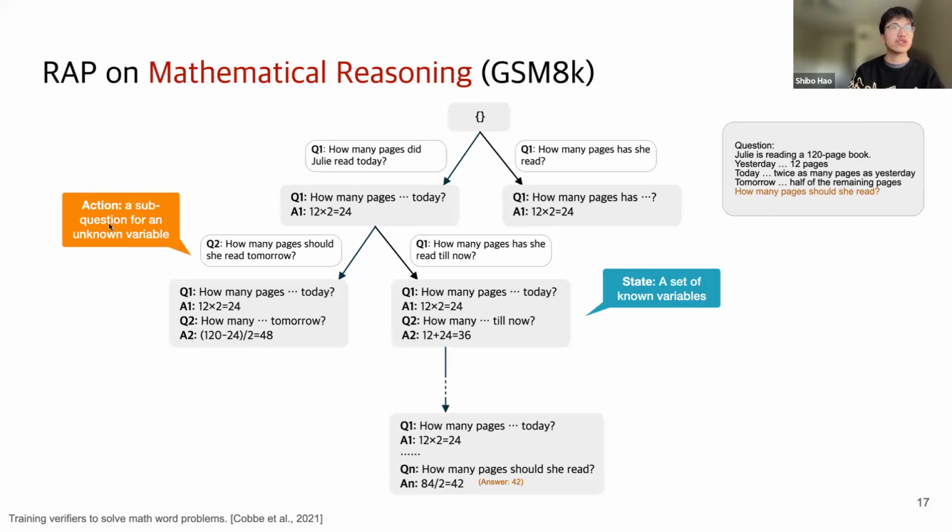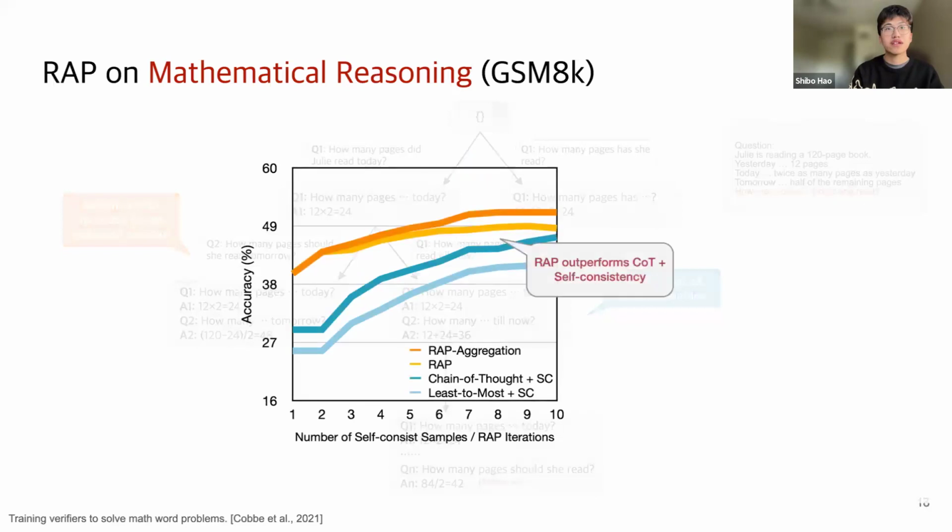Each action here is to ask a sub-question for an unknown variable. So by this definition, we can use the same framework to solve math problems. And also RAP can outperform very strong baselines.